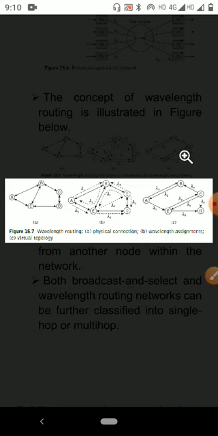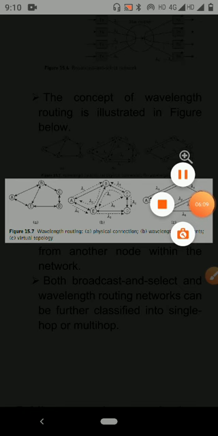In a multi-hop network, a transmission may take place through intermediate nodes before reaching its destination. At each intermediate node, the data can be switched electronically to the next possible node, and it is then retransmitted as an optical signal. Thank you.